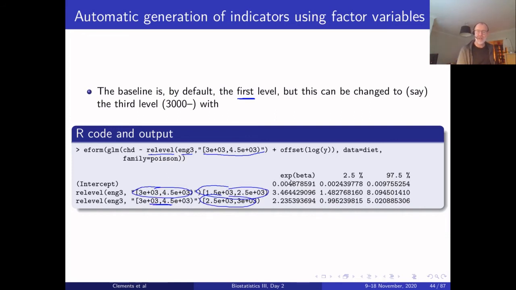Note that the model fit statistics will be the same, but the interpretation of these parameters will be different. Now this will be the rate for the reference group, and these will be the rate ratios compared with the reference group.